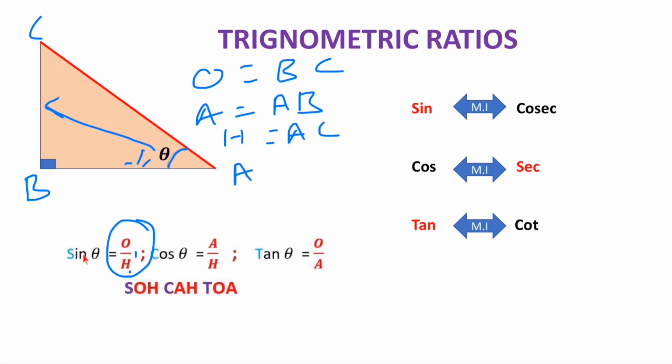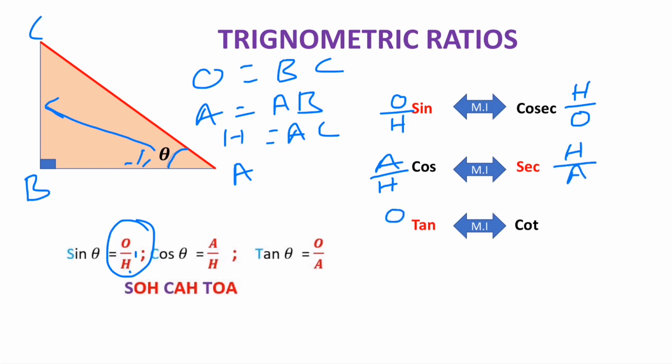Since sine theta is opposite by hypotenuse, cosecant theta will be hypotenuse by opposite side. Cos theta is adjacent side by hypotenuse, so secant theta will be hypotenuse by adjacent side.